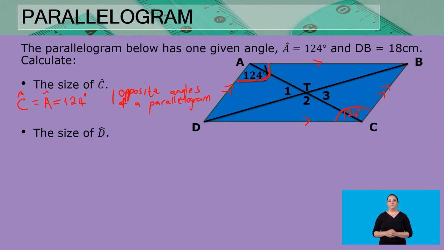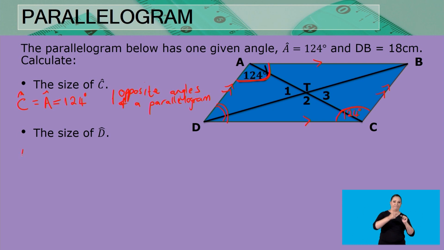Now, let's look at where angle D is. We are required to find the size of angle D. Angle D and angle A are co-interior angles, and this is because of those parallel lines.